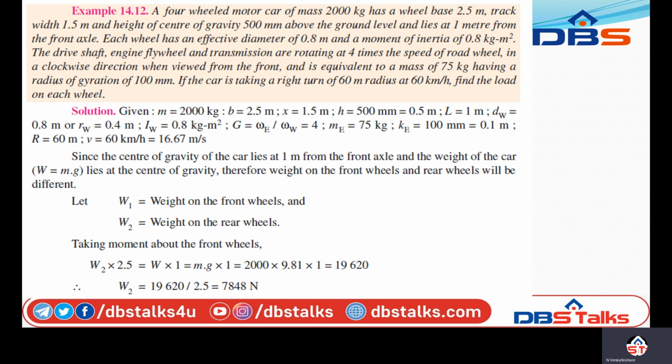Actually, we can get W by 4, that is the load on each wheel.